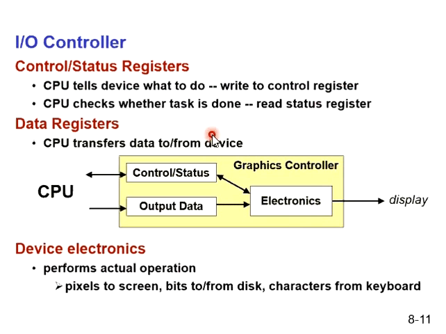When the CPU wants to know whether the task is done, it checks the status. The CPU can read the data register to know. And we have the data register, so the CPU can transfer data to or from input-output devices. Besides, we have device electronics.